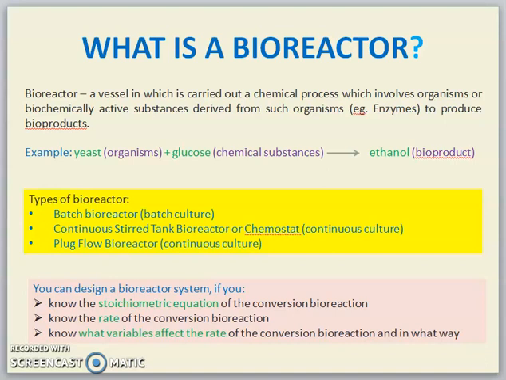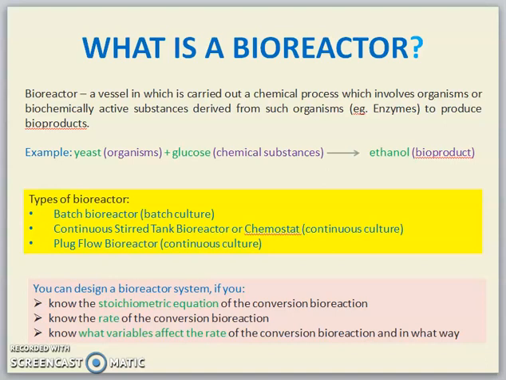So what is a bioreactor? A bioreactor is a vessel in which chemical processes are carried out, specifically biochemical processes, which involve organisms or biochemically active substances such as microbes and enzymes derived from such organisms, in order to produce bioproducts.